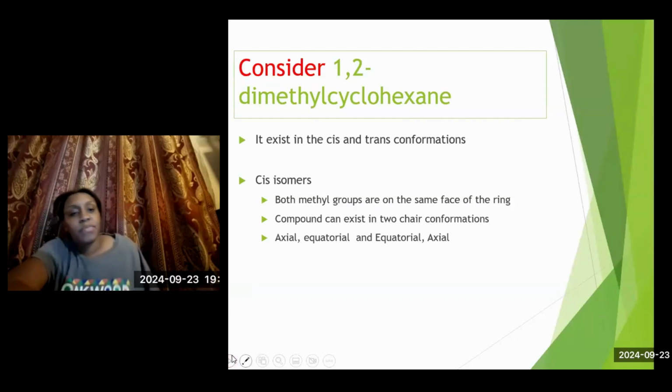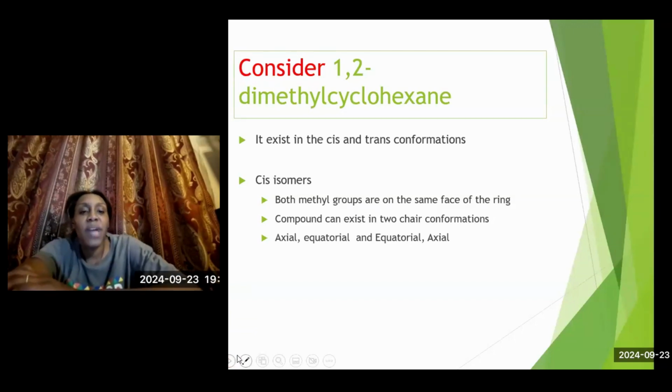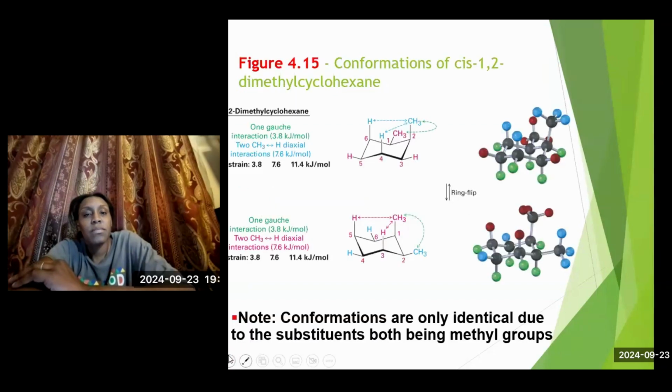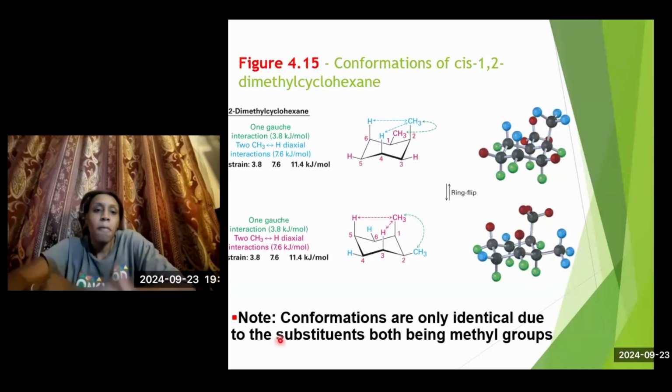All right, so back to 1,2-dimethylcyclohexane. There are both cis and trans. In the cis isomer, both methyl groups are on the same face of the ring. The compound can exist in two chair conformations, axial-equatorial and equatorial-axial.